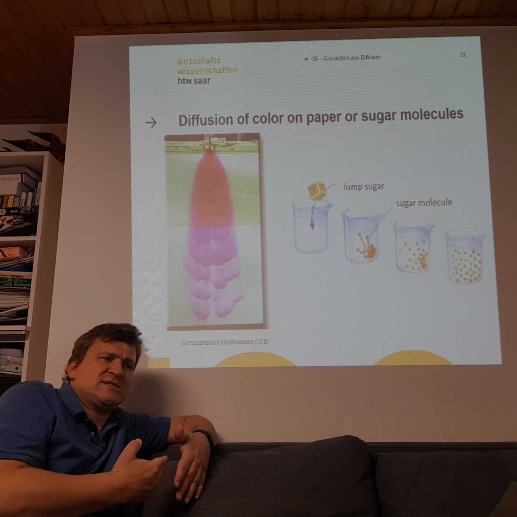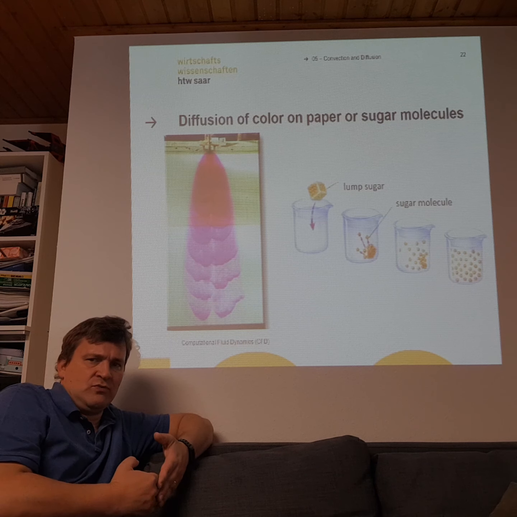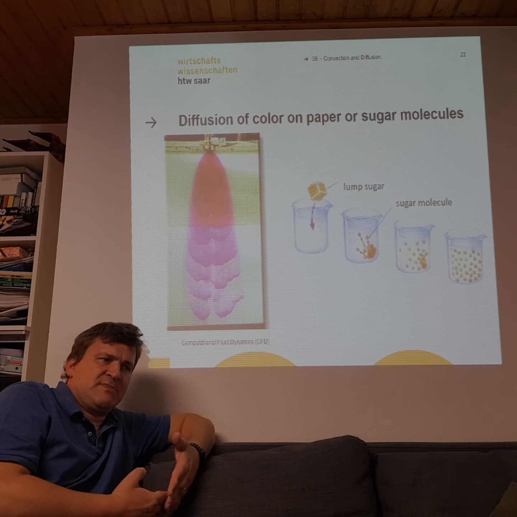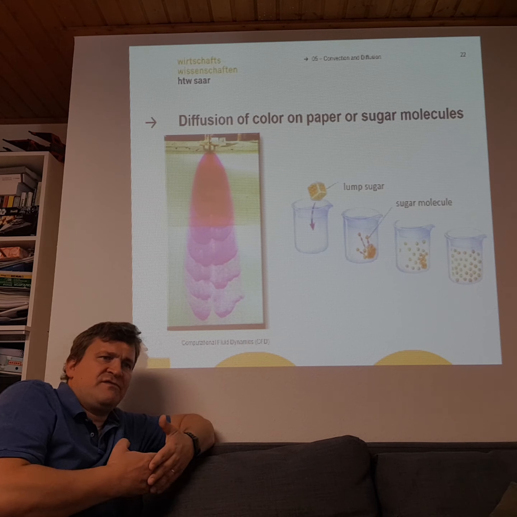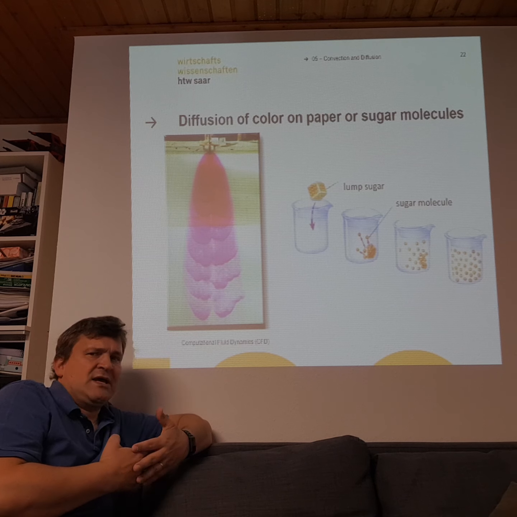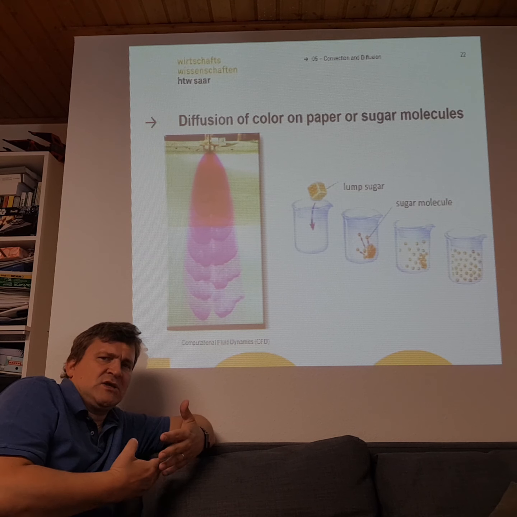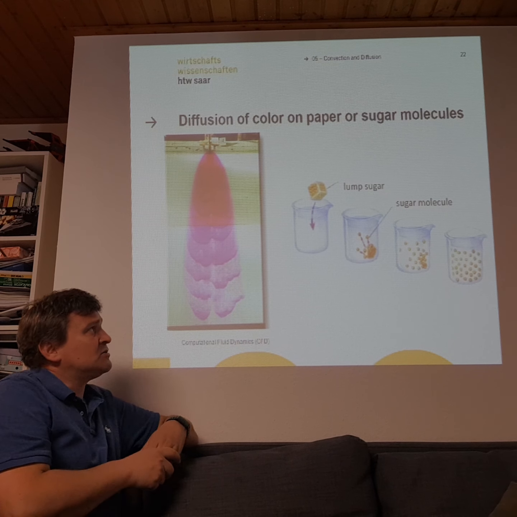In nature, this effect is much more complicated. You will also have swirls and turbulences, but to make it a bit more simple, you can formulate it with a diffusion effect, and this diffusion effect also really happens in nature or in technical problems.